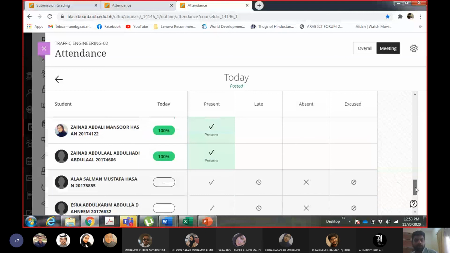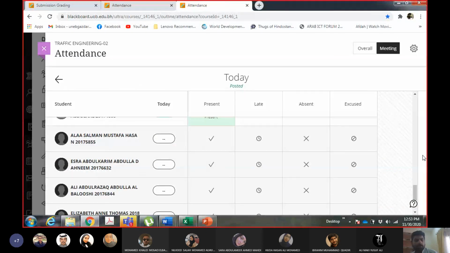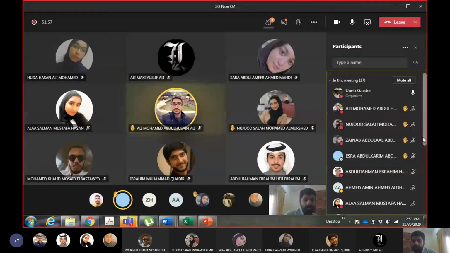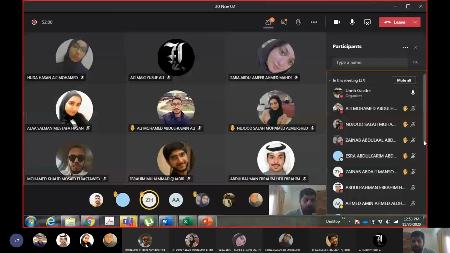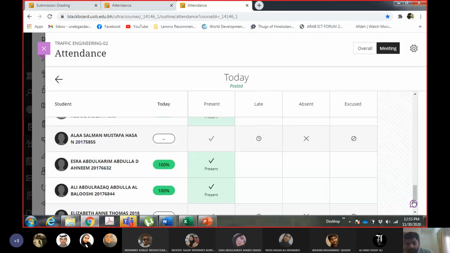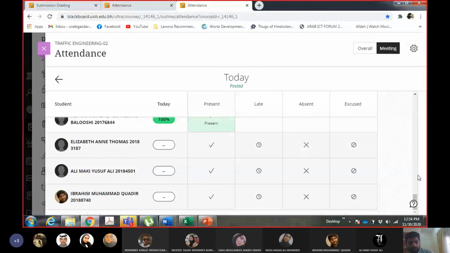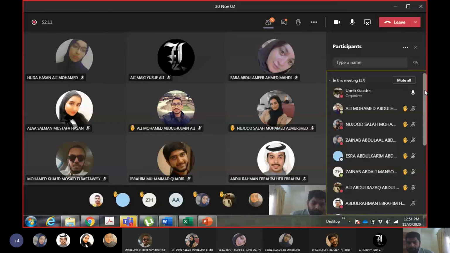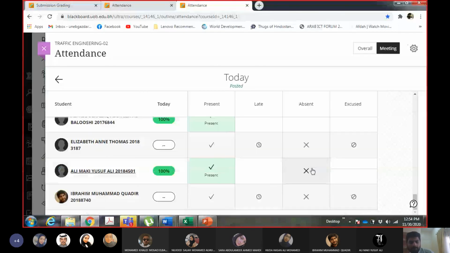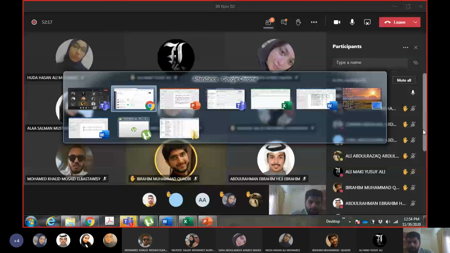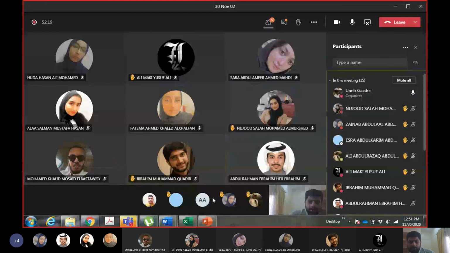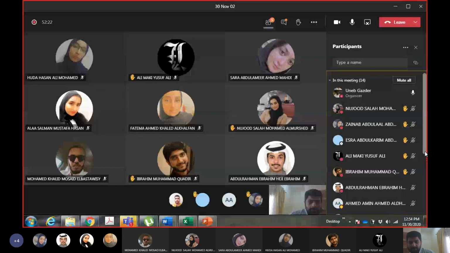Ala Salman, Isra, and Ali Abdul Razak. Isra is here. Ali Abdul Razak is here. Elizabeth Ann, Ali Makki, and Ibrahim Muhammad. Ali Makki is here. Ibrahim is here. Elizabeth Ann, not here. Anybody left from this section? Everybody done from this section?